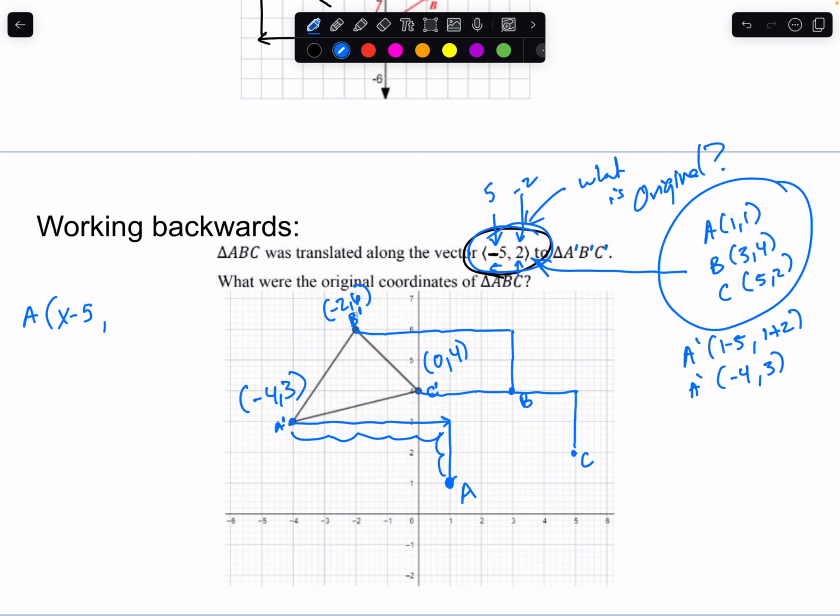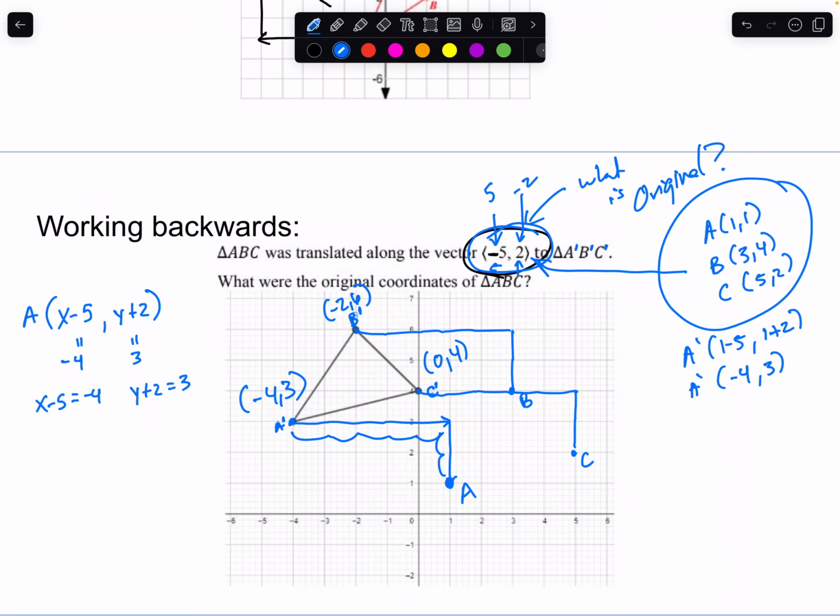And the y value should be y plus 2. This should take me to negative 4, and this should take me down to a positive 3. So I can set up this as two different equations, right? X minus 5 equals negative 4, and y plus 2 equals 3.